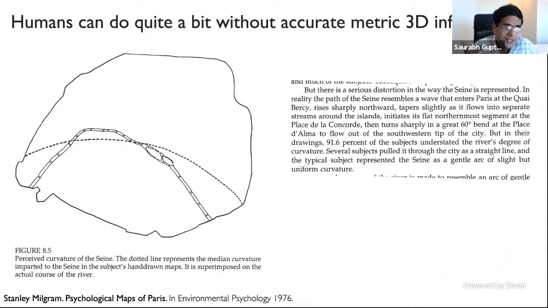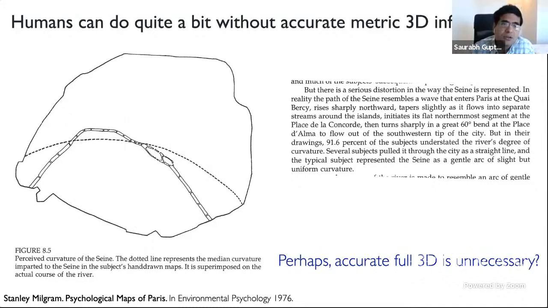Now, this seems to suggest that people can operate in the world perfectly fine without necessarily having an accurate metric 3D sense of what is where in the world. And in the context of 3D computer vision, I would regard this as saying that geometrically consistent global pose estimation and so forth might also be unnecessary for the task, if all I wanted to do was to move around.